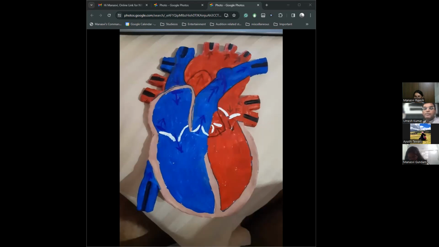If you are talking about two people hugging, you can also create a yin and yang kind of model, with two colors representing yin and yang as two parts of the heart. That's a good thought, Nitya.